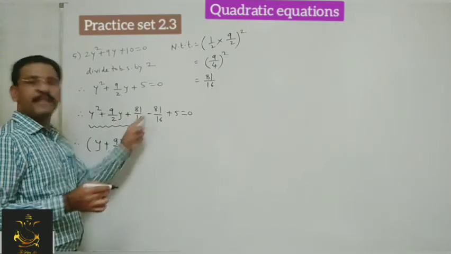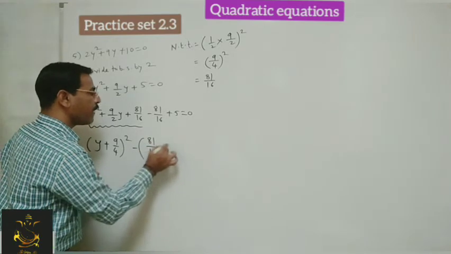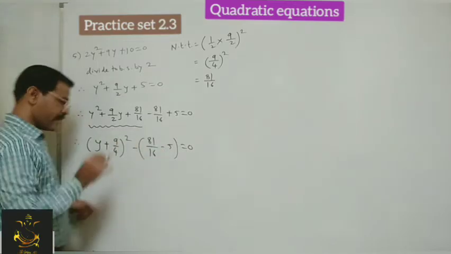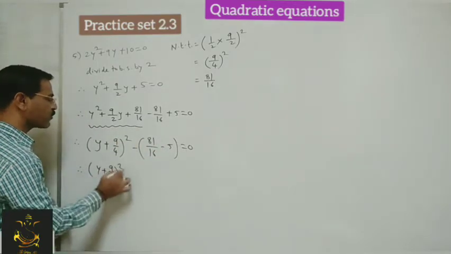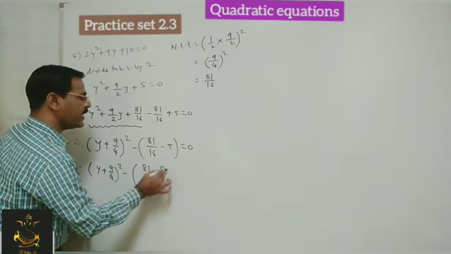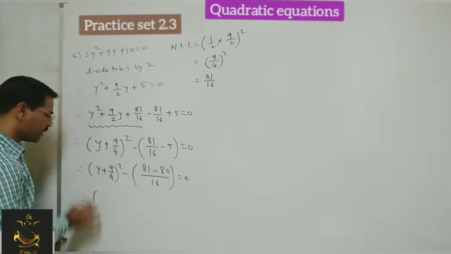Now we have minus sign, take that minus sign common. What do we get? 81 by 16 minus 5. Why minus? Here it changes, understand? Now here y plus 9 upon 4 bracket square. Here, 81 minus 16 5s are 80 upon 16. Understand? It is just simplification.